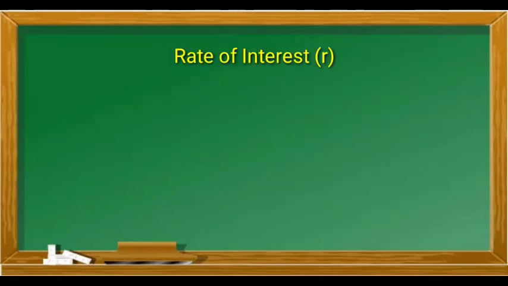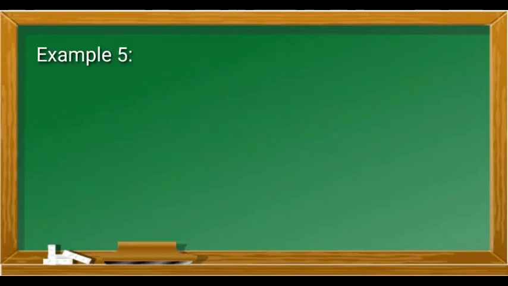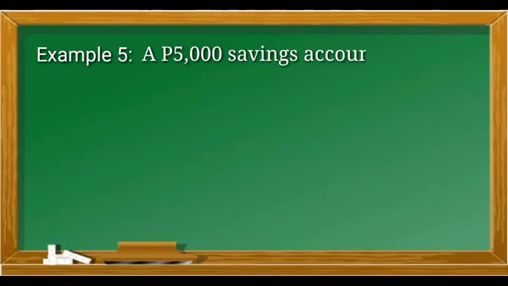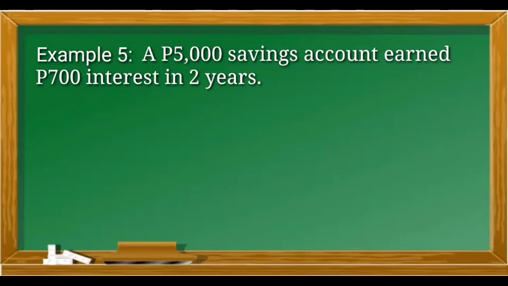Kapag ang hinahanap naman natin ay rate of interest, ang gagamitin nating formula ay R equals I over PT. For example, a 5,000 savings account earned 700 interest in 2 years.